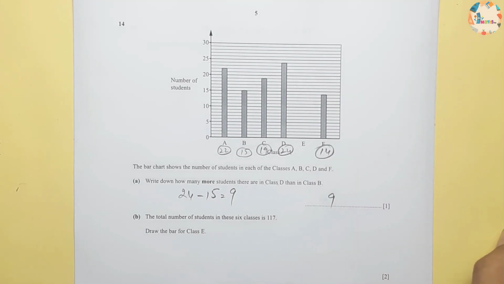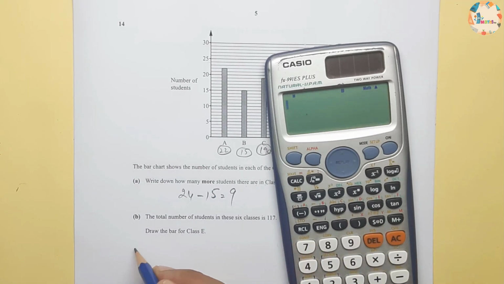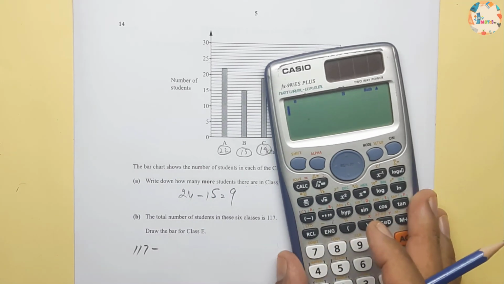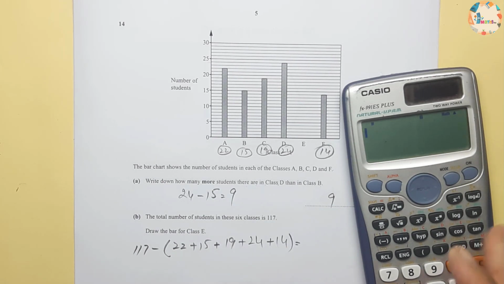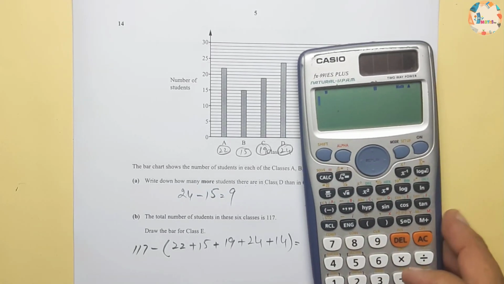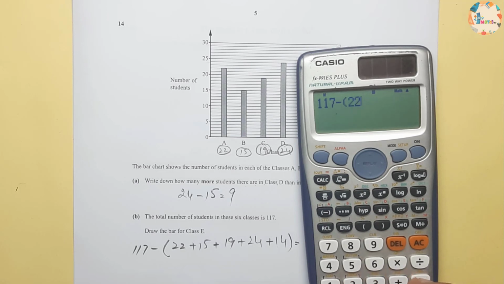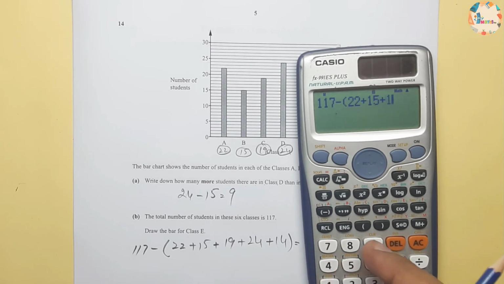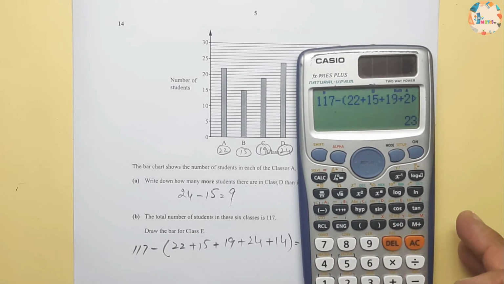So we can add all these numbers and subtract from 117. So we can write 117 minus 22 plus 15 plus 19 plus 24 plus 14. These all numbers we'll have to subtract. So 117 minus this side will be 22 plus 15 plus 19 plus 24 plus 14, and this will be equal to 23.